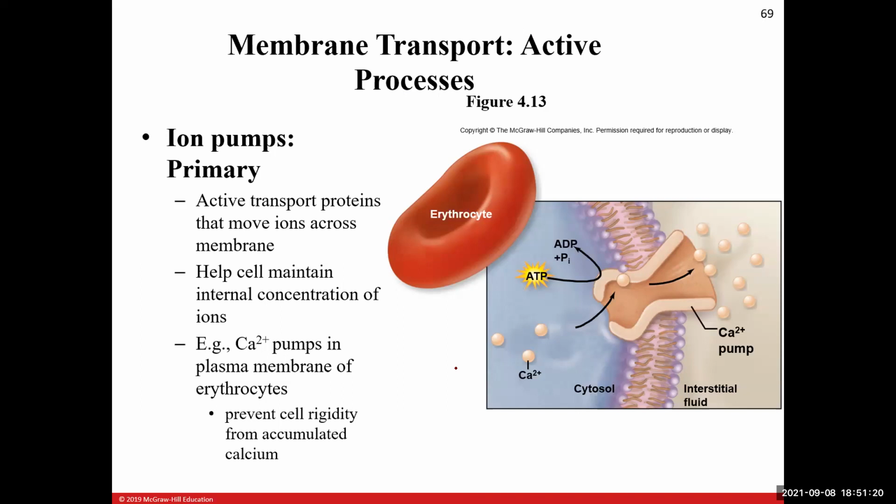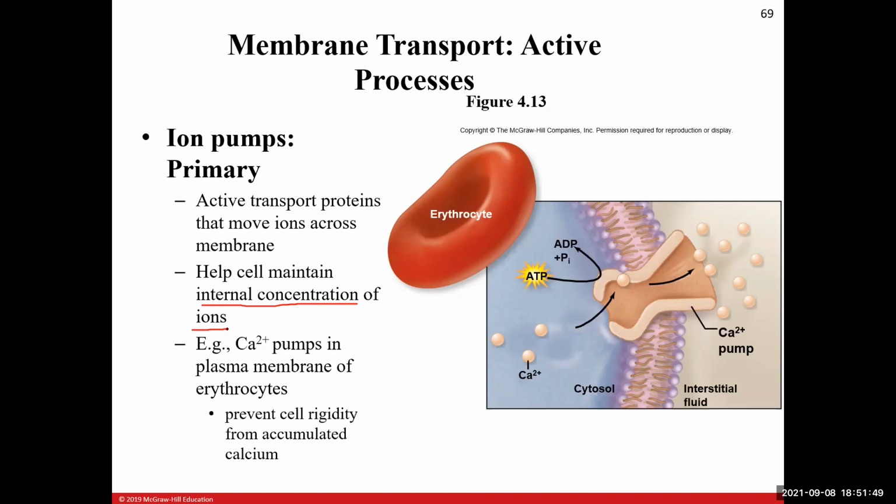And so we have these specialized transport proteins, again, proteins come to the rescue, that are going to move ions in or out or in and out of a cell. The nice thing about these types of transport proteins is that they help to maintain the concentration of certain ions on the inside of the cells, because it's important.